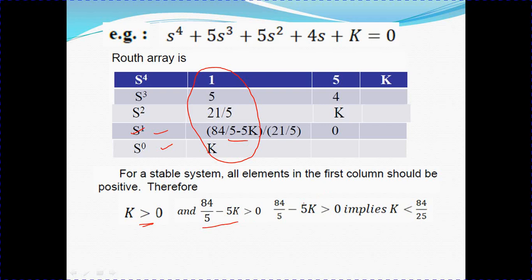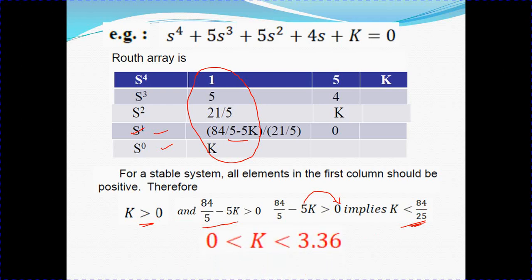So just move this 5k to this side. Okay, so that is going to be 5k should be less than 84 by 5, or here k should be less than 84 by 25. So now we got the minimum value of k, and this will be the maximum value of k for which the system is going to be stable.